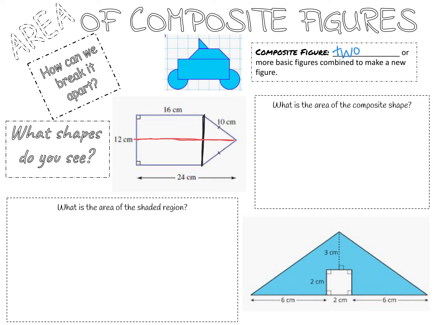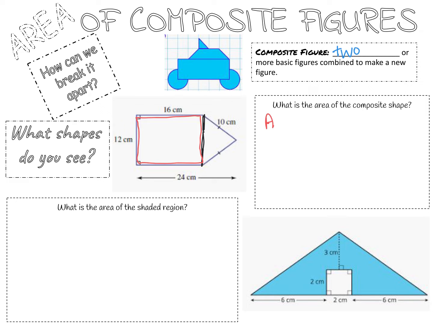But if you wanted to, you could definitely do the area of the two trapezoids as well. All right. To make this easier to follow, I'm also going to use some color. So I'm going to use red to first find the area of my rectangle.